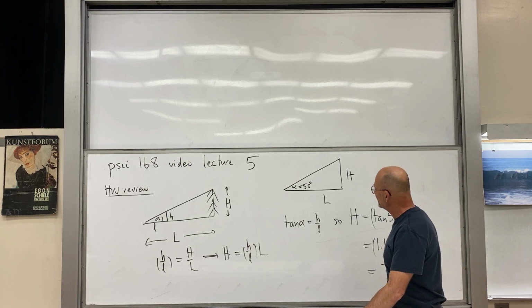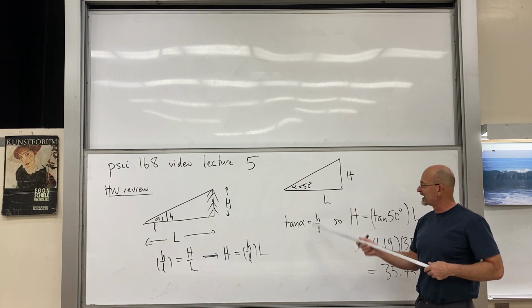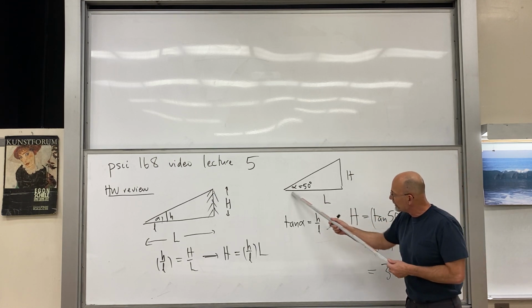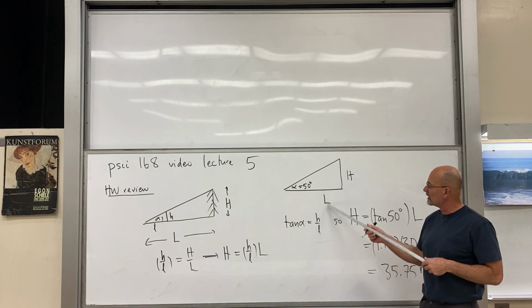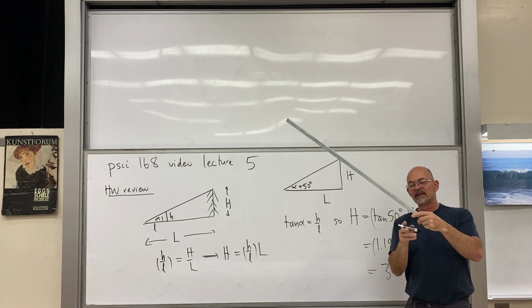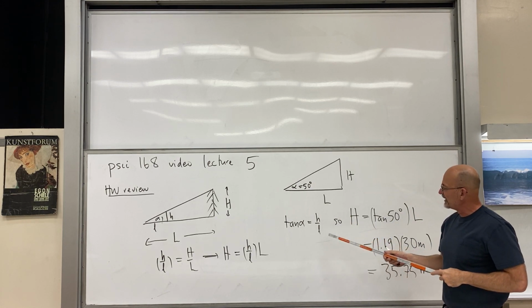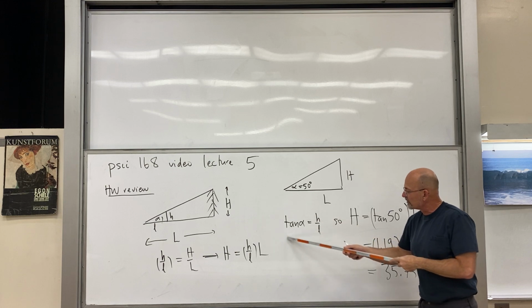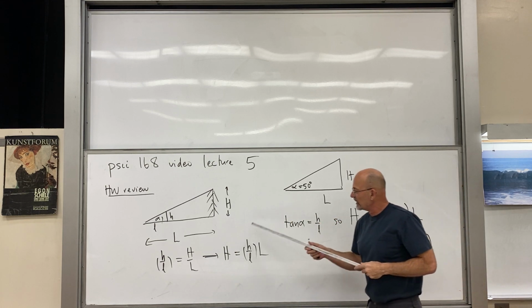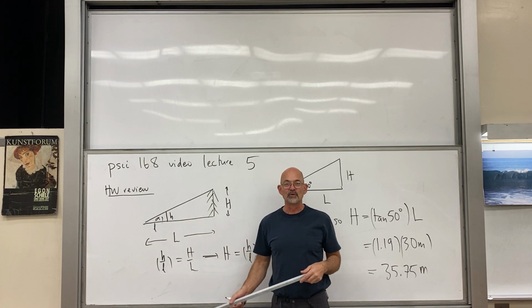And you'll see, this is a good technique. This is a surveying technique. You pace off your distance from the base of the tree, figure out that L, and then you sight up at the top of the tree with some device that has a protractor built in so you can actually measure that angle. These trigonometric functions just embody all of these triangle relations.